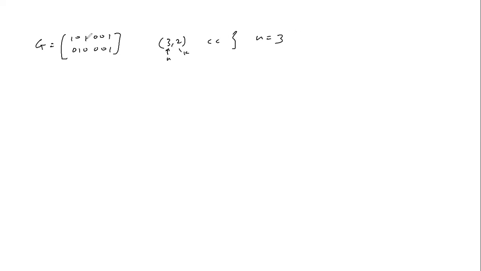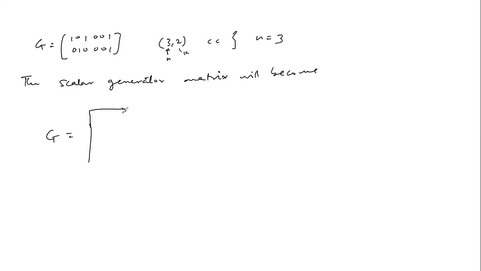So it means that this bit sequence will have to shift by the block length, such that the scalar generator matrix will become G, which will extend to some infinite value, 1, 0, 1, 0, 0, 1, 0, 1, 0, 0, 0, 1.